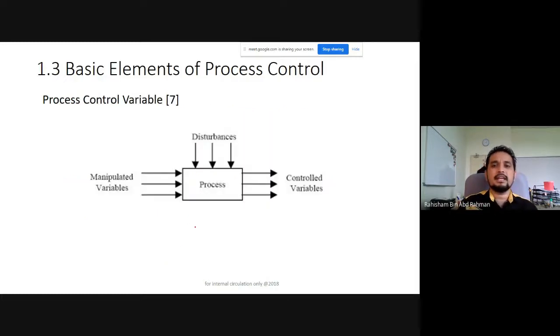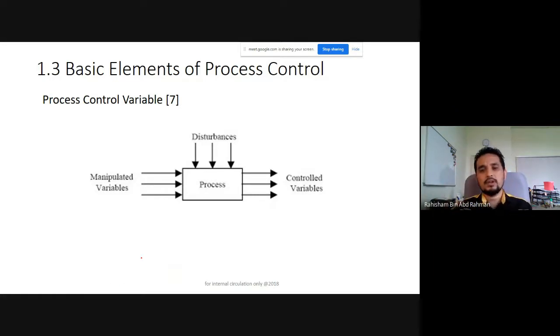All right, basic elements of process control. As I explained before, there are 3 main categories. Sensors, actuators, this is 1. Final control elements, this is 3. And last but not least is the process itself.